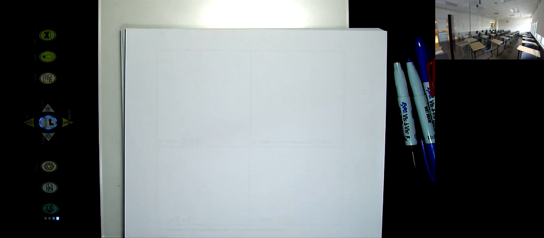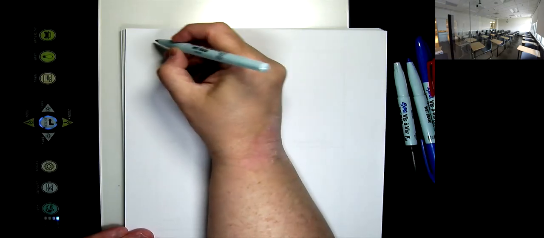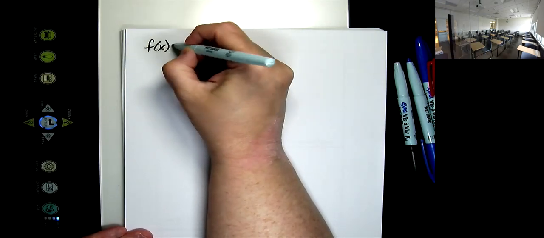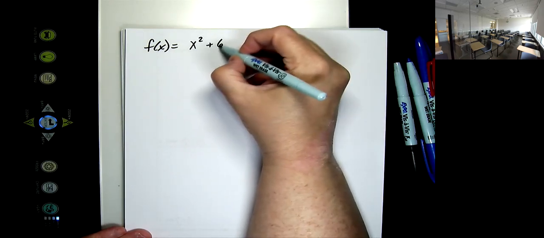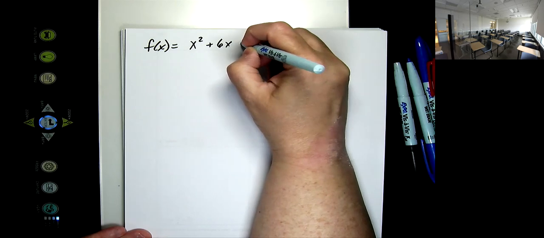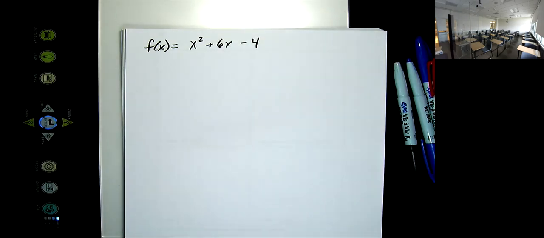All right, why don't we jump this up to f of x equals x squared plus 6x minus 4. Try to complete the square on that, and we'll do it together in about 5 minutes.